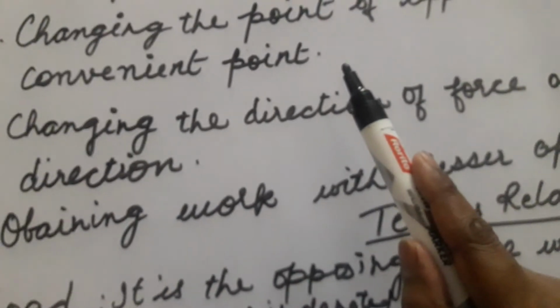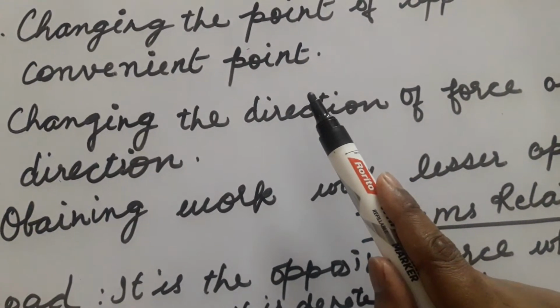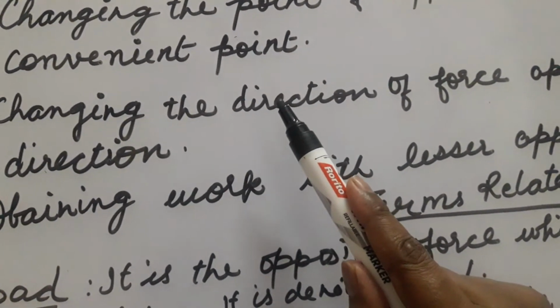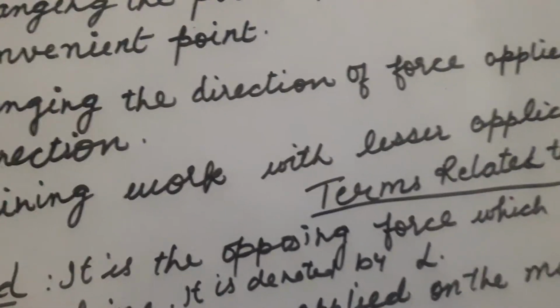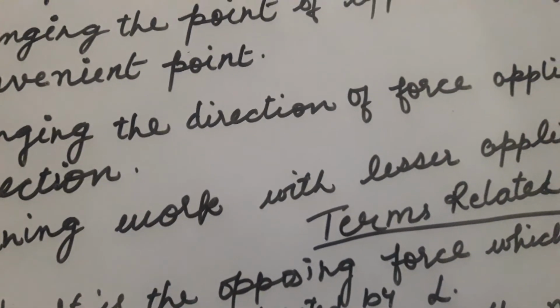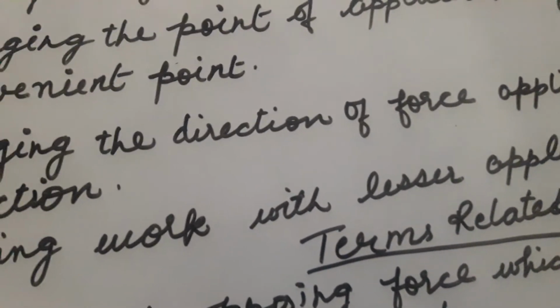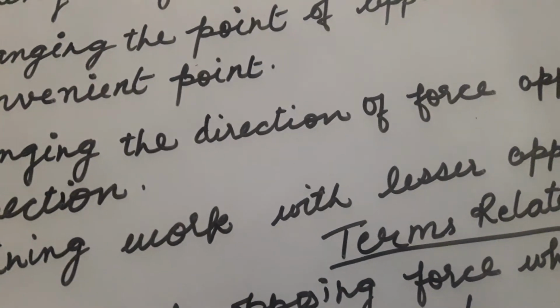As I showed you, the bucket is hanging downward, and what happened when the force is applied in the downward direction instead of the upward direction? We use the downward direction instead of upward, because the downward direction is more convenient.